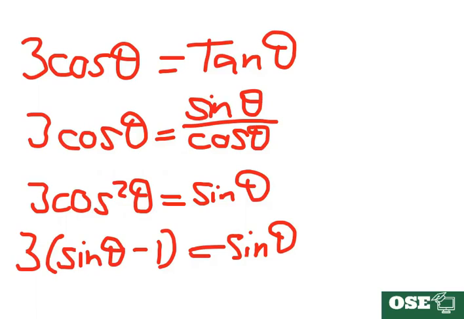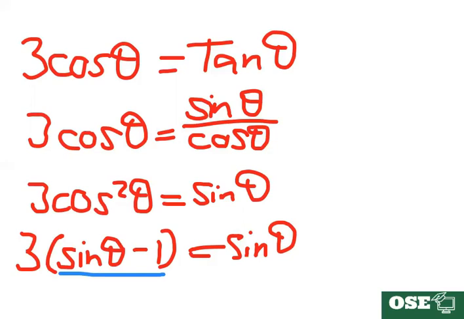You're on the right track, but there's something that you missed. What is the original identity that you took this from? Cos squared theta. Yes, but what is the original formula?